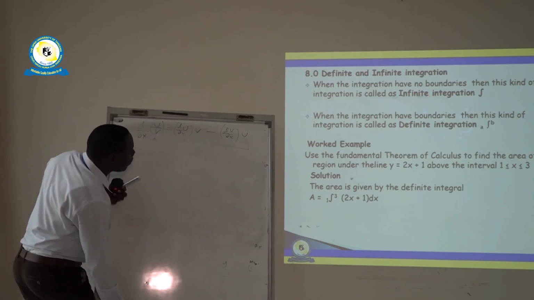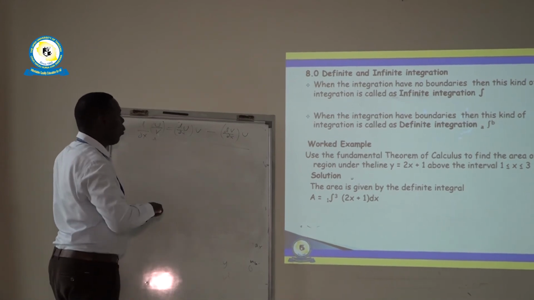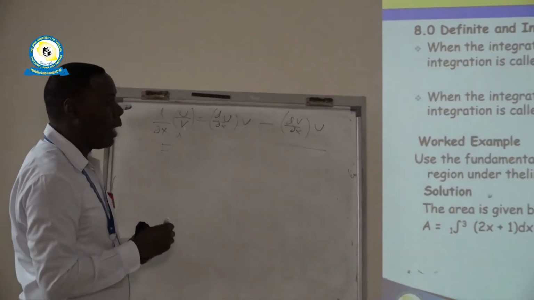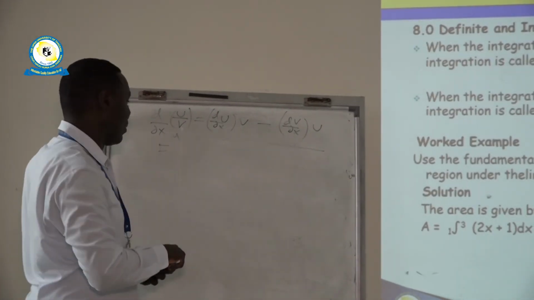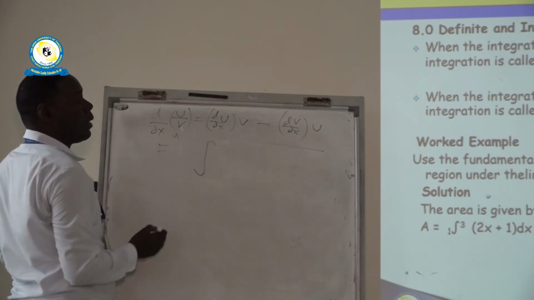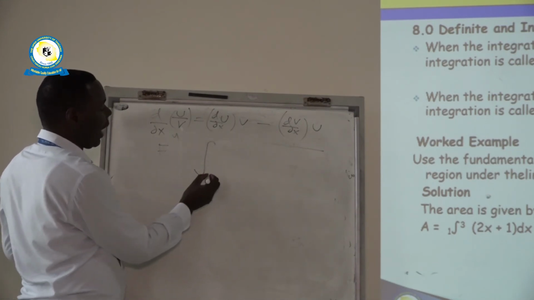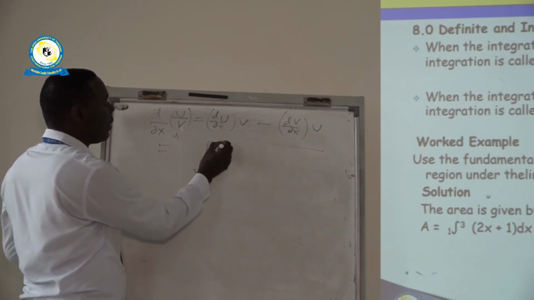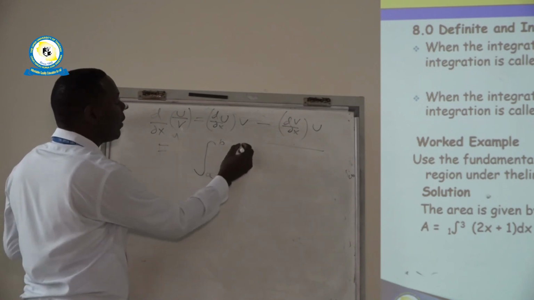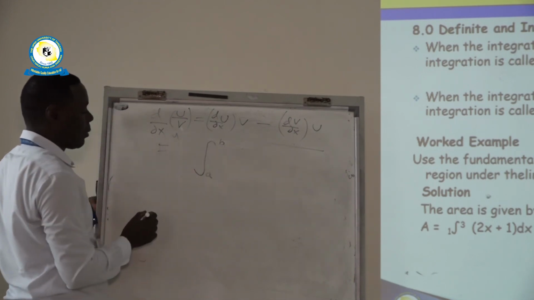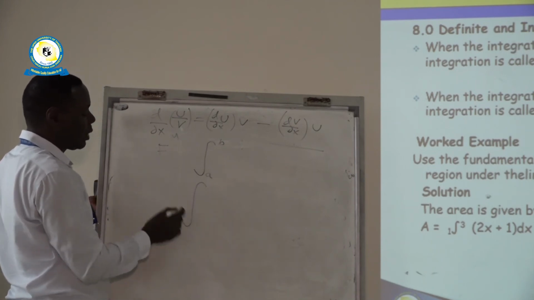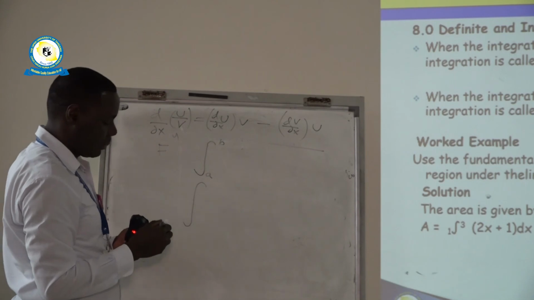We need two kinds of integral, whereby we have the finite integral and the infinite integral. Finite integral is the integral that has an end, it has boundaries like a and b. Whereas infinite integral is an integral that does not have any boundaries.